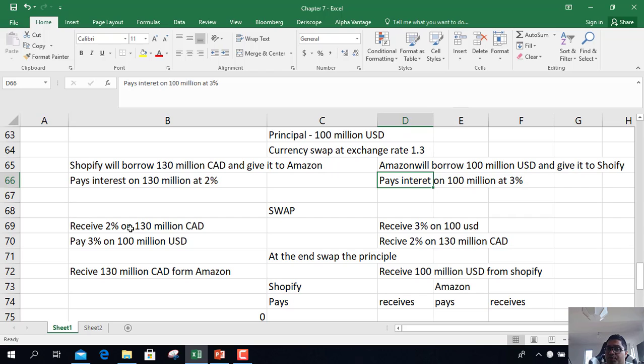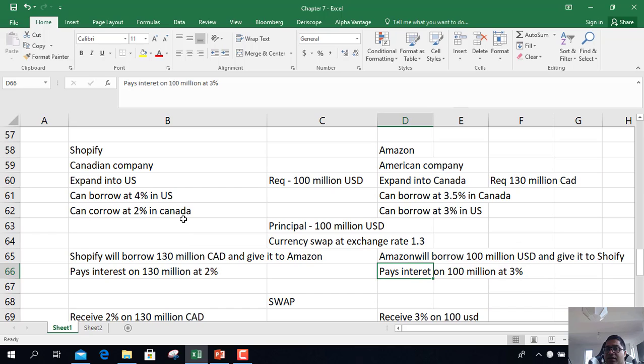So effectively, Amazon ended up borrowing at 2% and Shopify ended up borrowing at 3%. They did not get unfavorable rates.